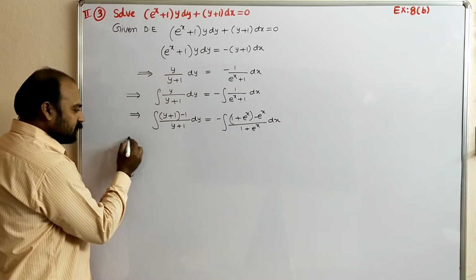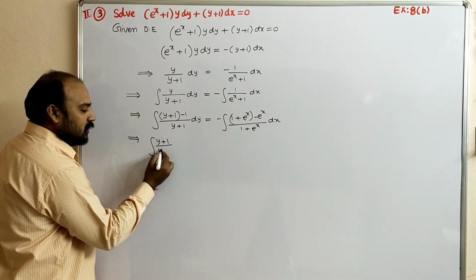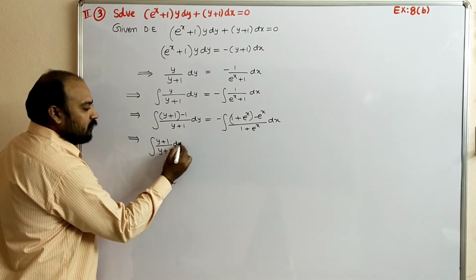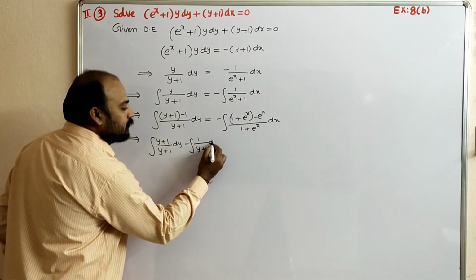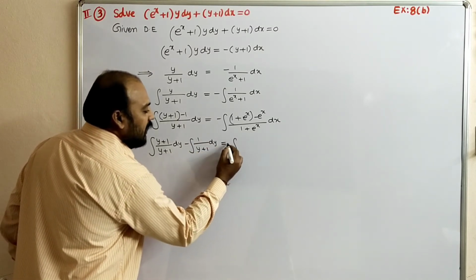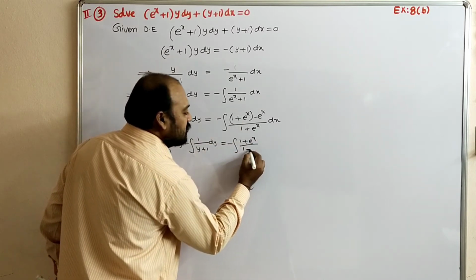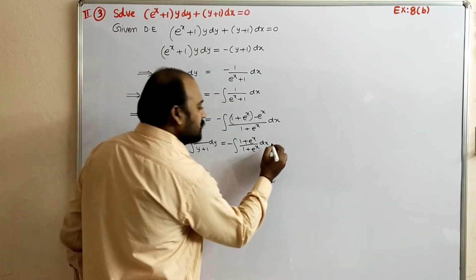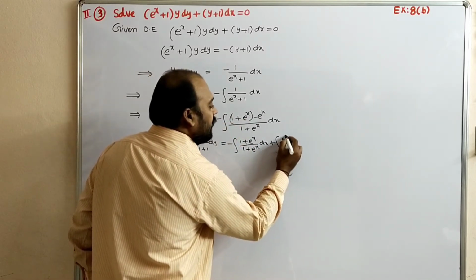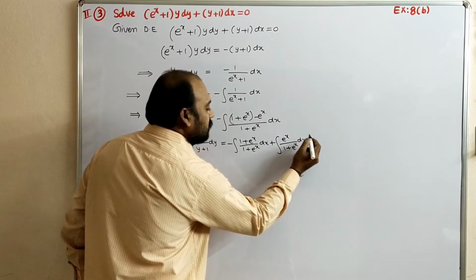After that we can split into two integrals. Integral y plus 1 divided by y plus 1 into dy minus integral 1 by y plus 1 into dy is equal to minus integral 1 plus e power x divided by 1 plus e power x into dx, minus into minus plus integral e power x divided by 1 plus e power x into dx.